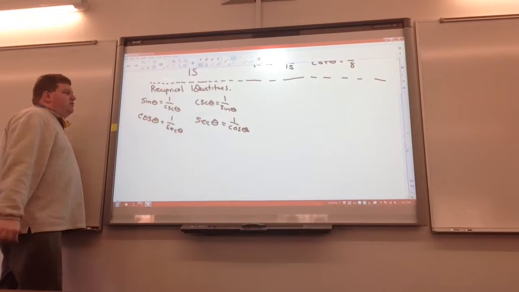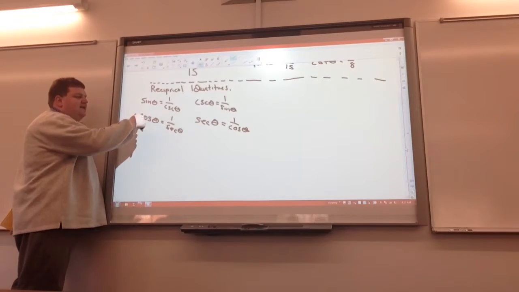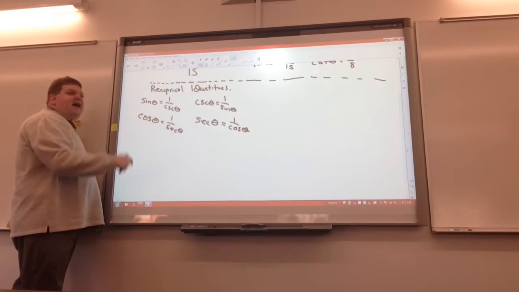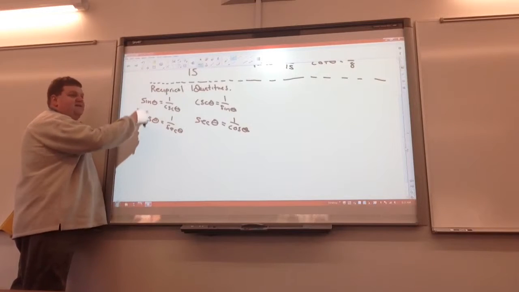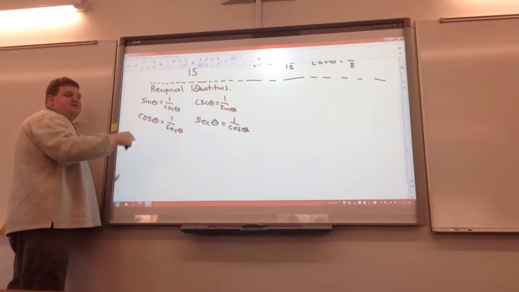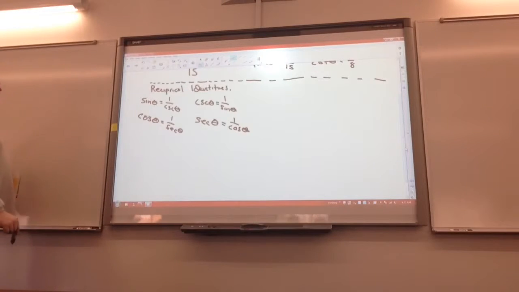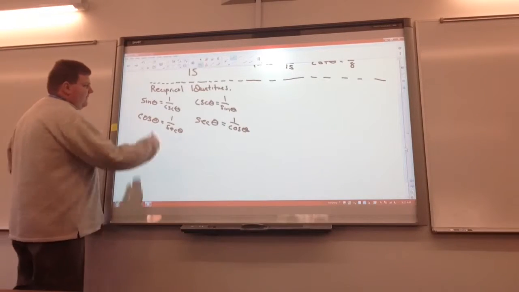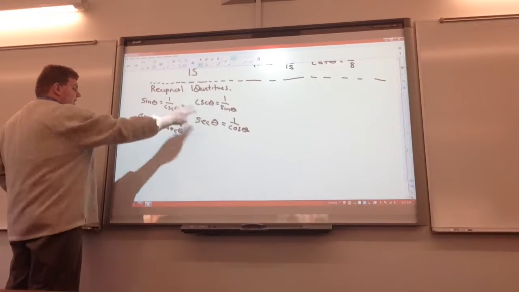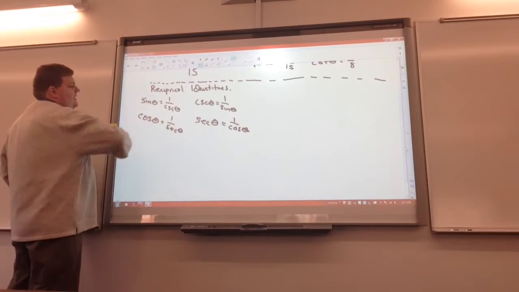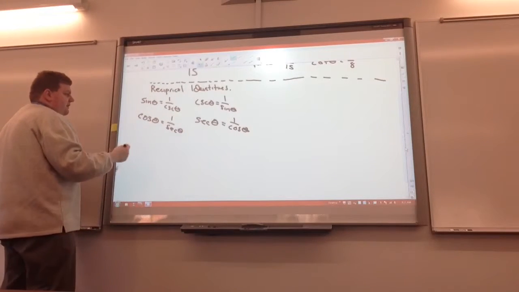If I take the derivative of the sine, it's equal to the cosine. But if I take the derivative of the cosine, it's equal to the negative of the sine. So if you take derivatives of anything with a co in front, it's always negative. There are lots of weird little things, but if it starts with a co, it's always paired with something that's not starting with a co.